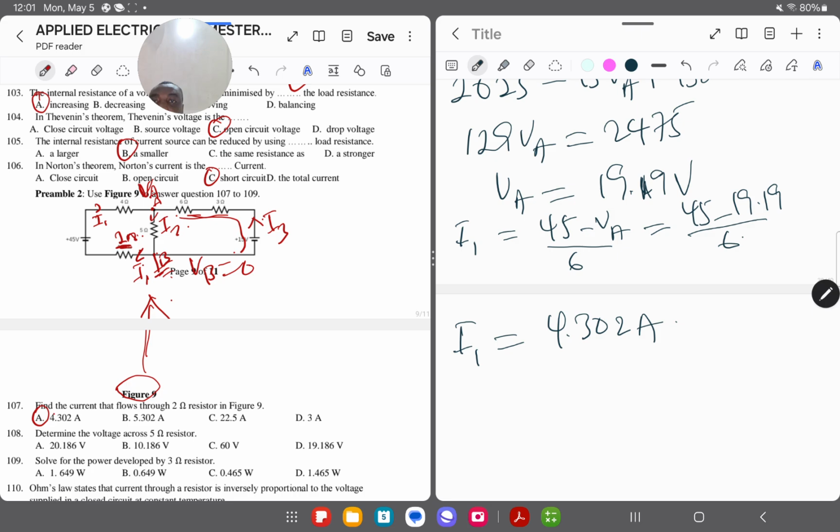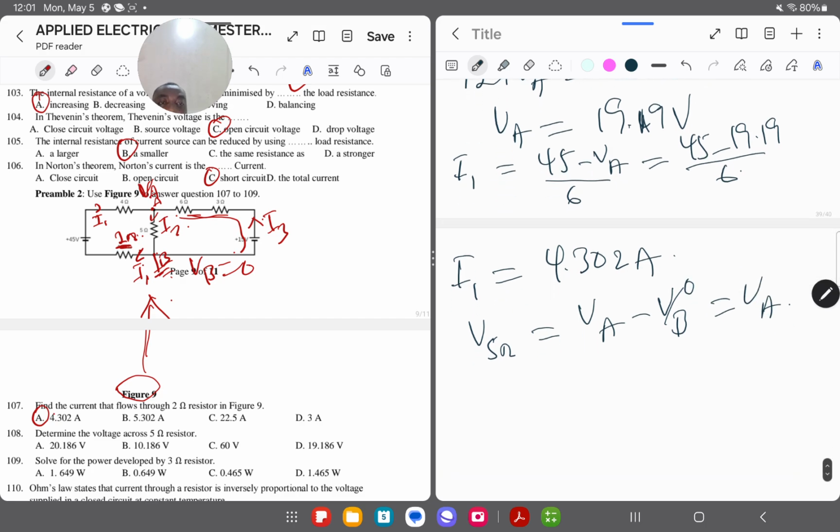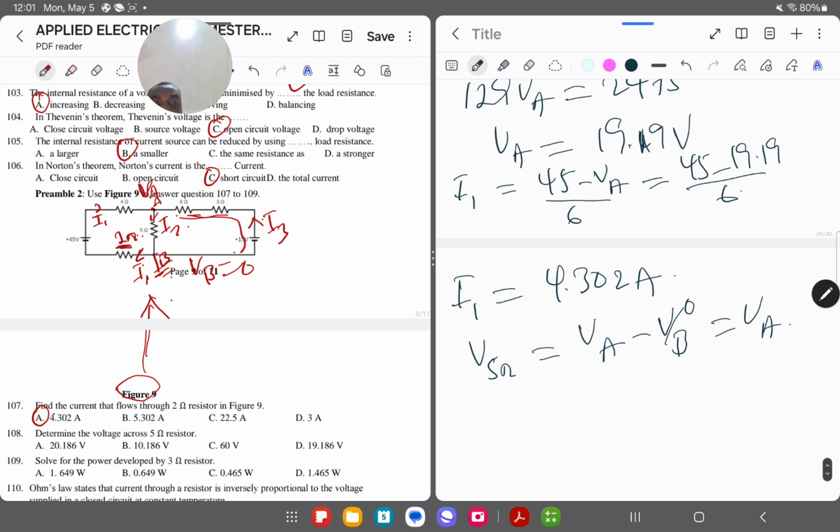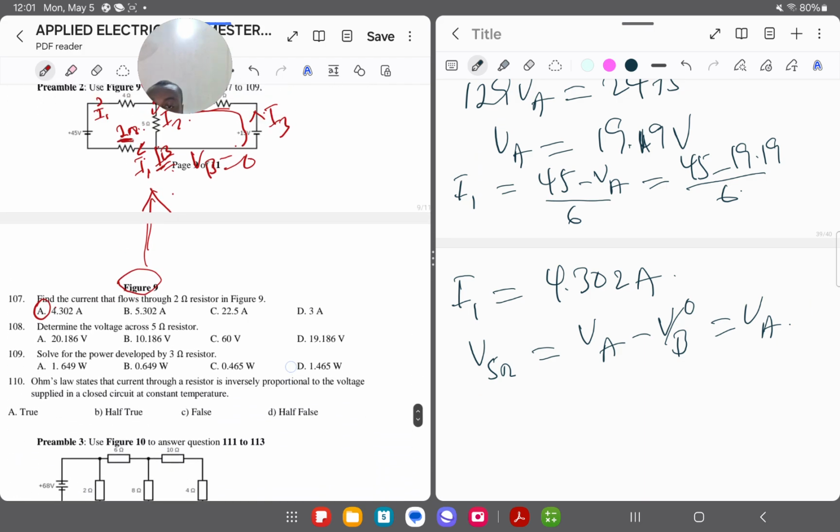VB, right? So let's say the voltage across 5 ohms is going to be VA minus VB, and VB is 0, so I get here VA. So here will be 19.19. So the answer here becomes D, 19.186.